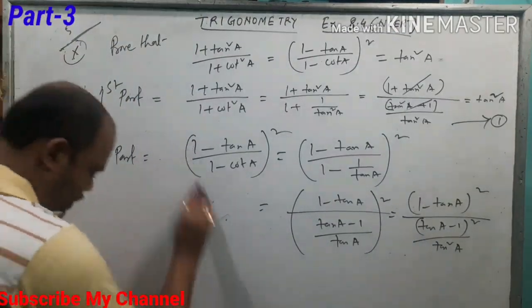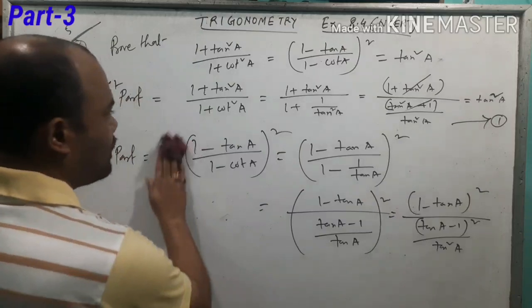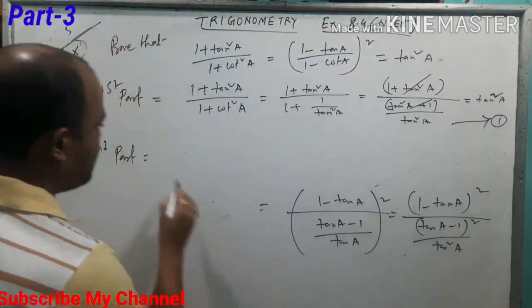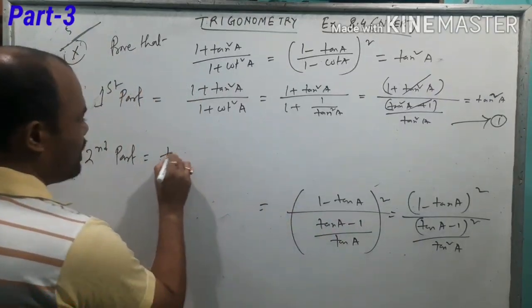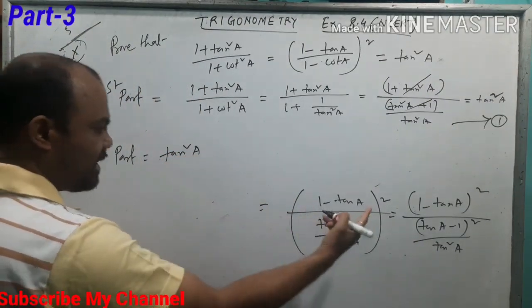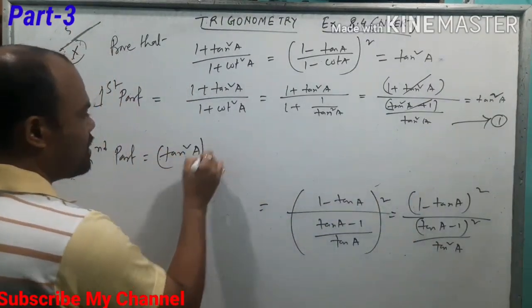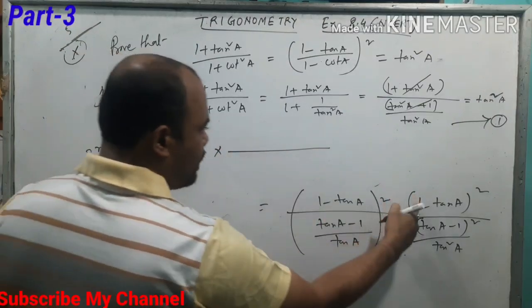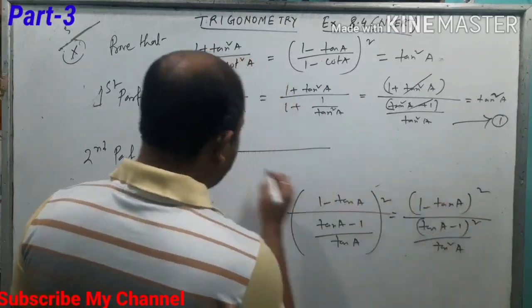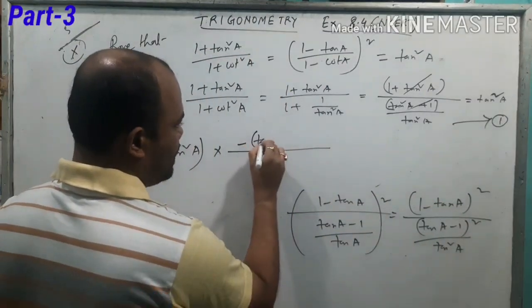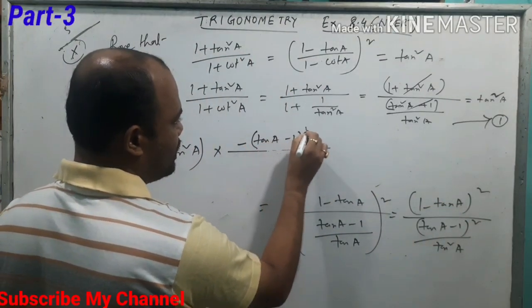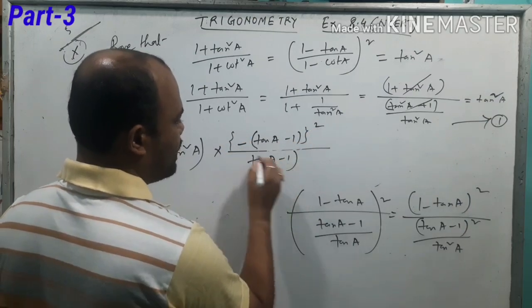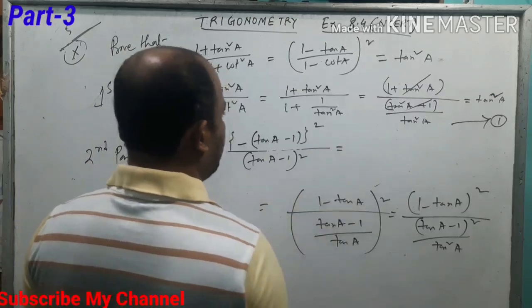In the next step, this tan square a is in the denominator of the denominator, so it will come into the numerator. Within the bracket, take a negative sign common, so it will be tan a minus 1 whole square by tan a minus 1 whole square.